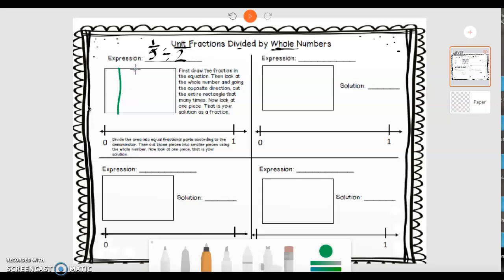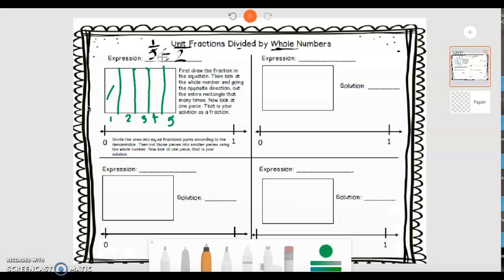There's 1, 2, 3. One more line will make it fifths. So I have 1, 2, 3, 4, 5 sections. Now remember, we're just looking at 1/5 here.